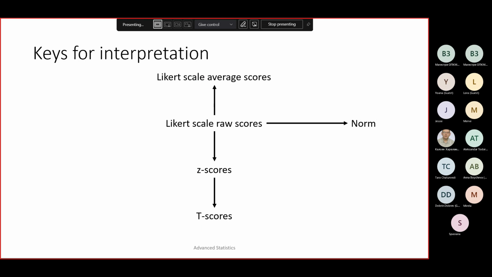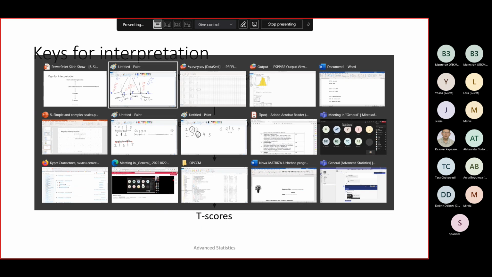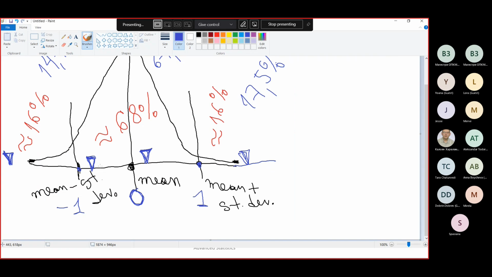And the equation is, now I use a different color, T-score is equal to Z-scores multiplied by 10 plus 50.